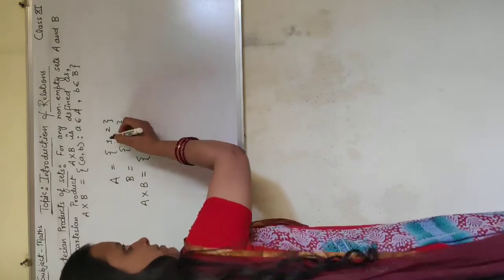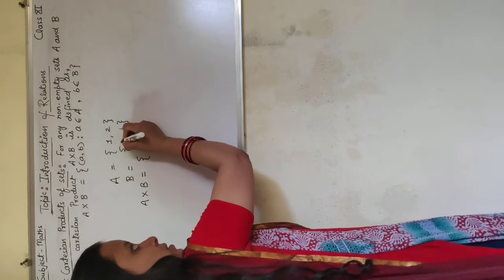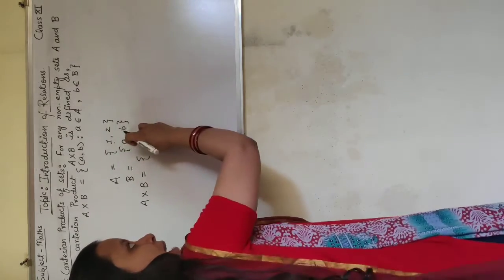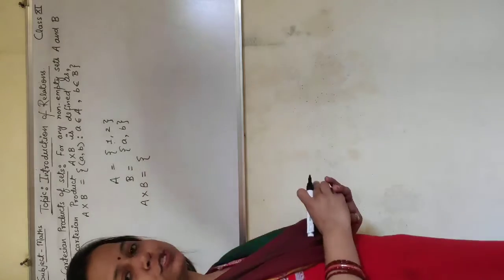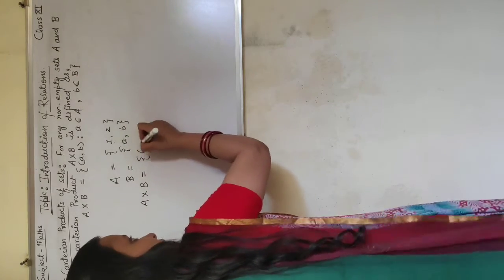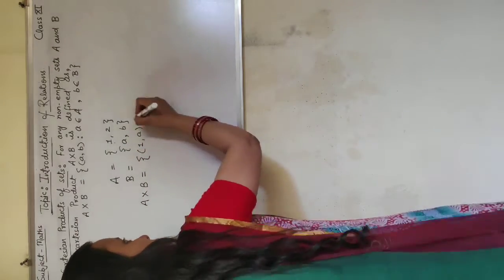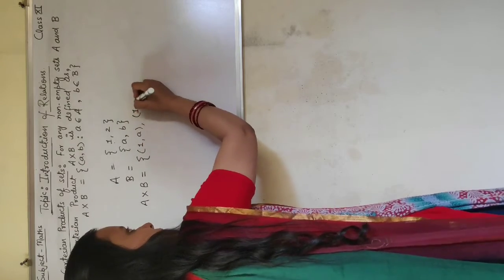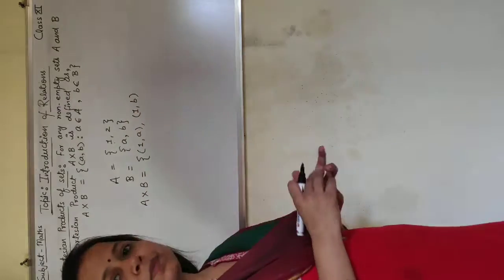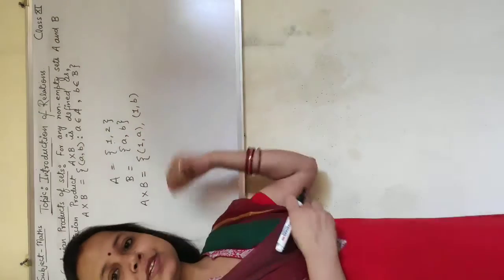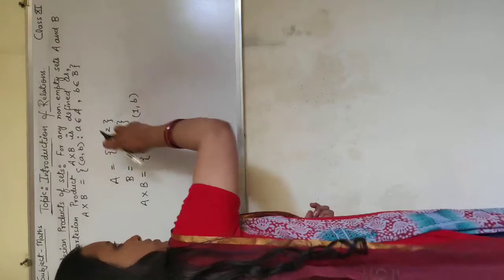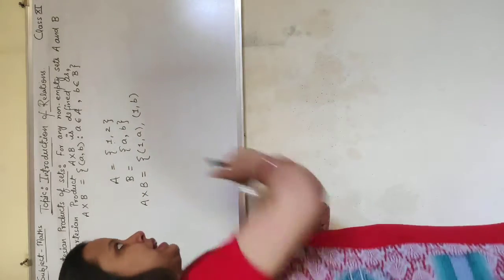So it is 1 here, so we make ordered pairs of 1 with A and 1 with B also. We write them in the form of ordered pairs like this: (1, A), then comma, (1, B). That is the product of 1 with all the elements of set B. Now we choose the second element of set A, which is 2.